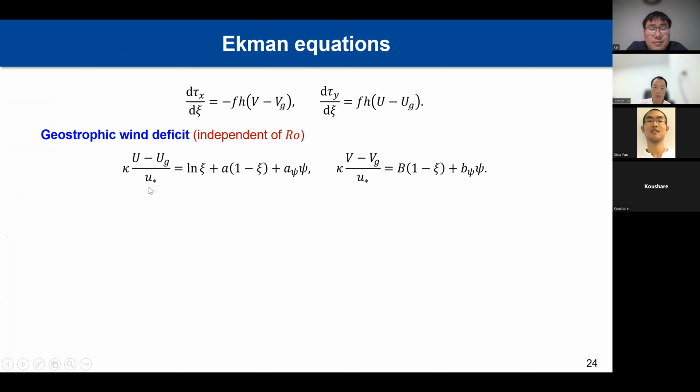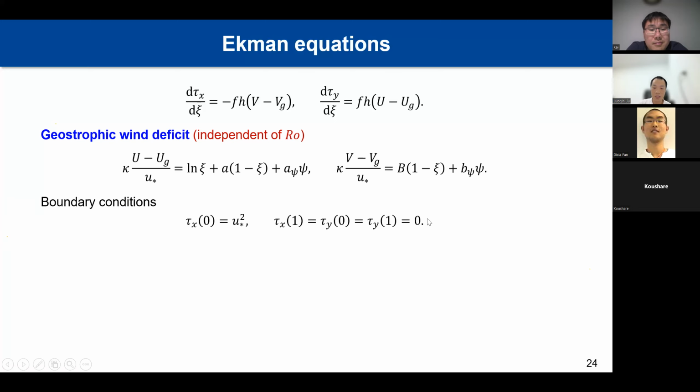We know that the wind speed itself depends both on the Rossby number and the analytical number. However, the geostrophic wind deficit only depends on the analytical number and is independent of the Rossby number. For the Ekman equations, we have these boundary conditions.